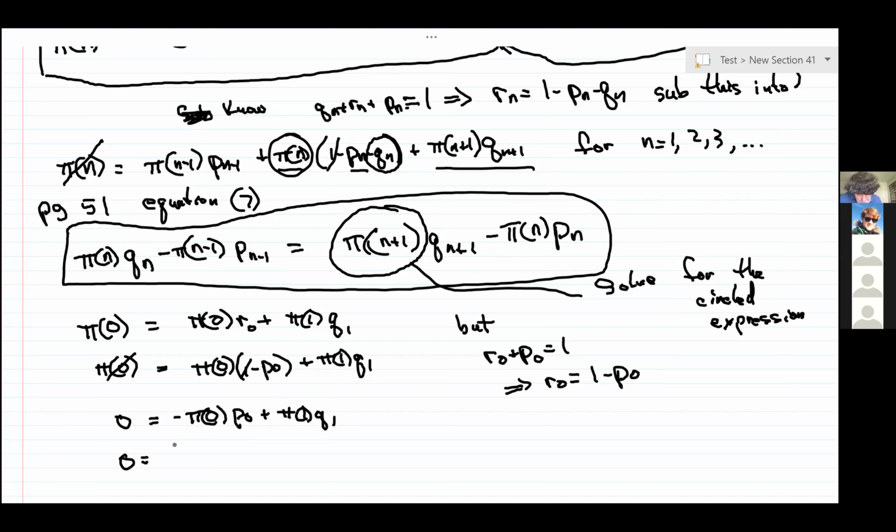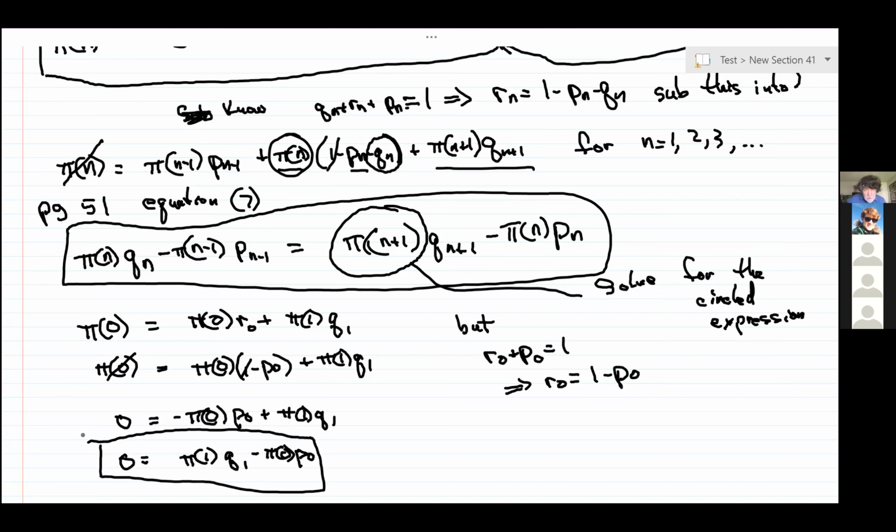So this one comes first. Actually, I don't even need to multiply by negative. I just want to rearrange the order. So this would be Pi1 Q1 minus Pi0 P0 equals 0. Okay, so that's what we get by playing with that equation.